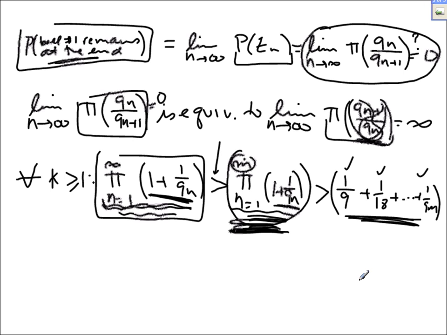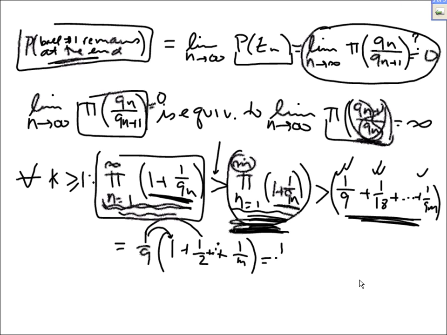But now this right-hand side, factoring out 1 over 9, is 1 over 9 times 1 plus a half, because 1 over 9 times 1 is 1 over 9. 1 over 9 times the half is 1 over 18. And I didn't mean to close the brackets. All the way up to, oops, put these 3 dots in, all the way up to 1 over m.